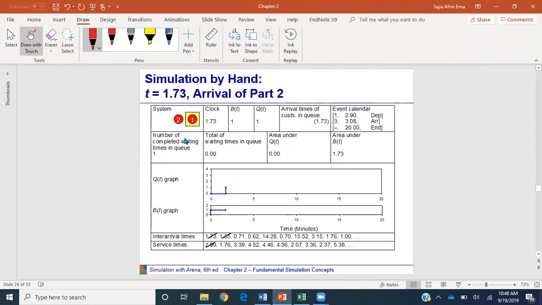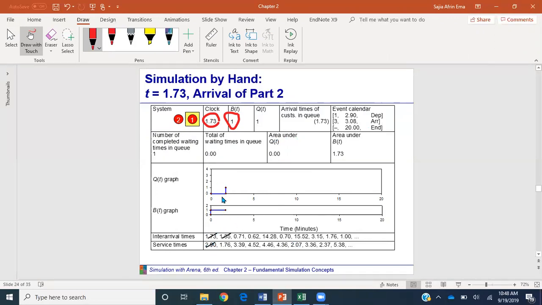So what happens? Part 2, so the clock time is 1.73 minutes. Part 2 arrived into the system. BT is 1, QT is 1. BT is 1, why? Because it's processing part 1, which is here. QT is 1, why? Because part 2 just joined the queue.